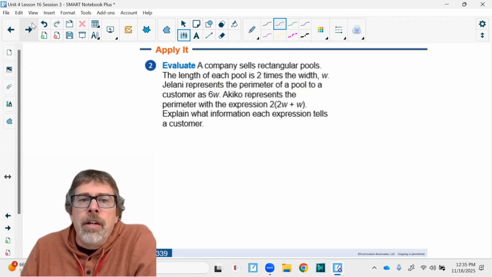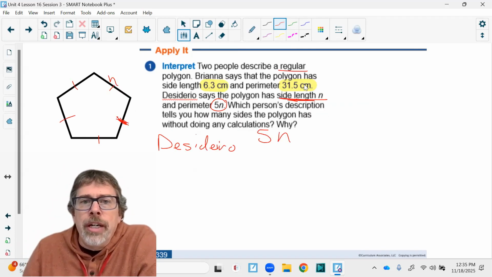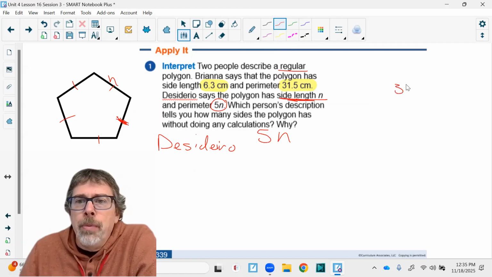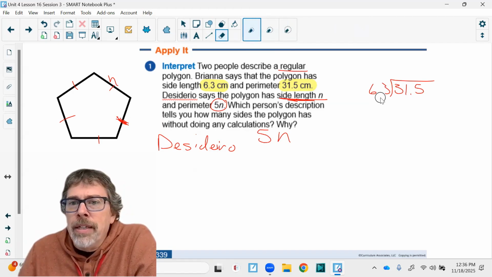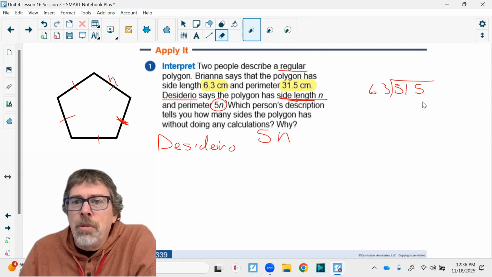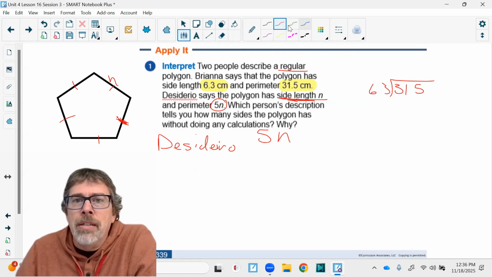Next problem. Let me just double check this. I always like to double check. 31.5 divided by 6.3. In order to divide by a decimal, we take the decimal away and make it a whole number, and move the other decimal the same amount. So it's the same as 315 divided by 63.